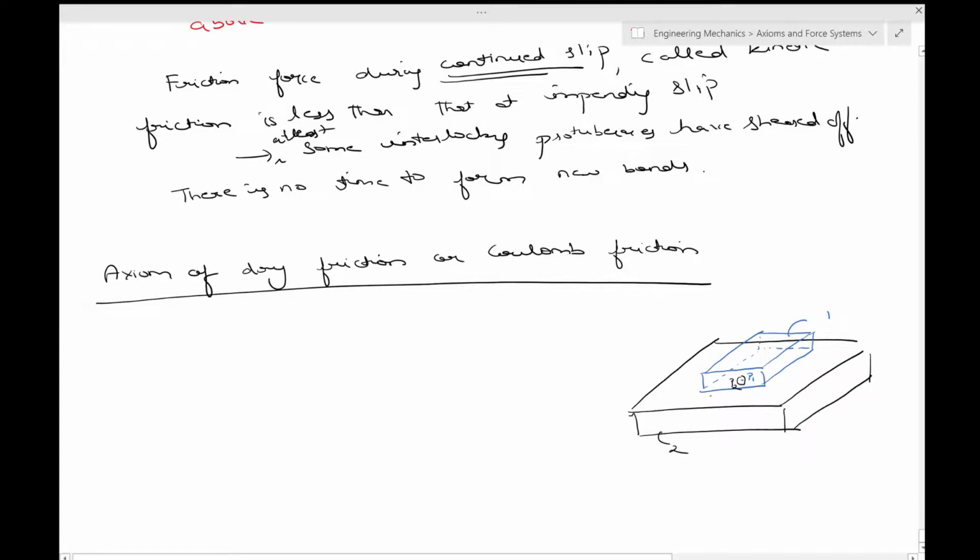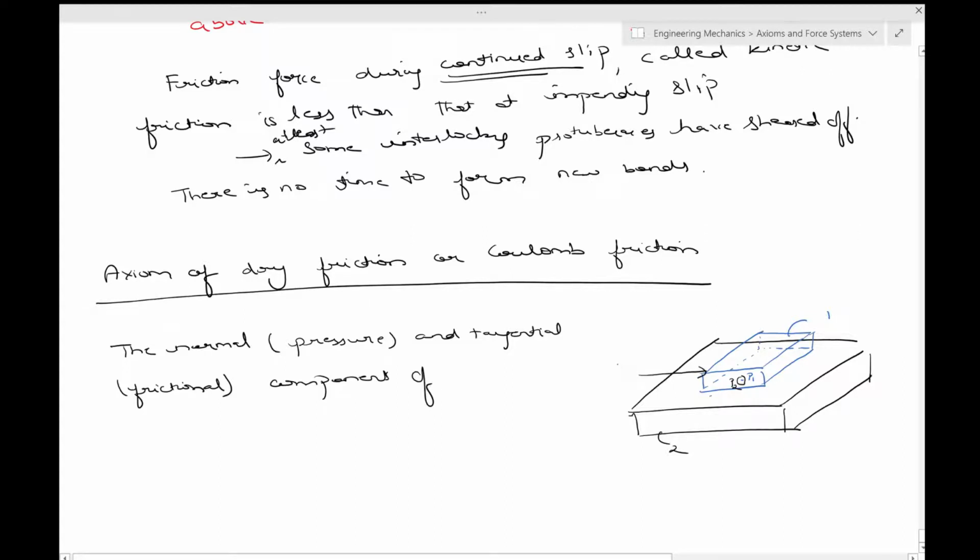So at point P1 of body 1, which at time t is in contact with P2 of body 2, the normal pressure and tangential friction components, P and tau, are components of surface force density.